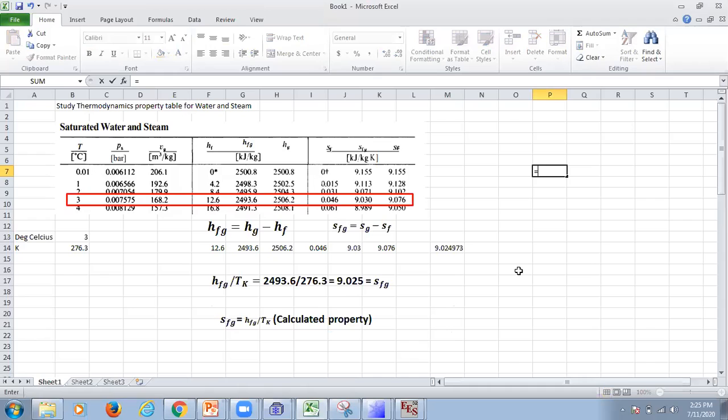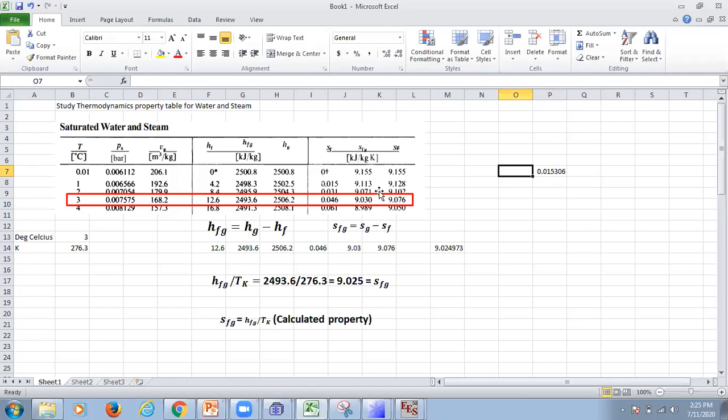Let me try this example: 4.2 divided by 274.4. What is this? This is 0.0153.